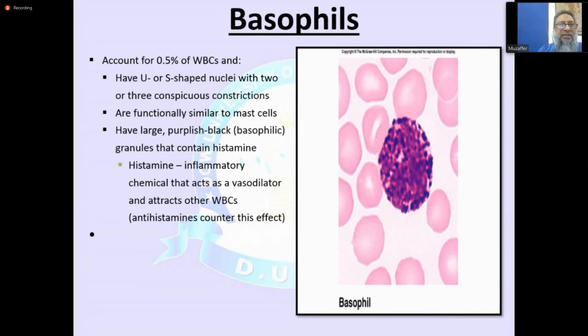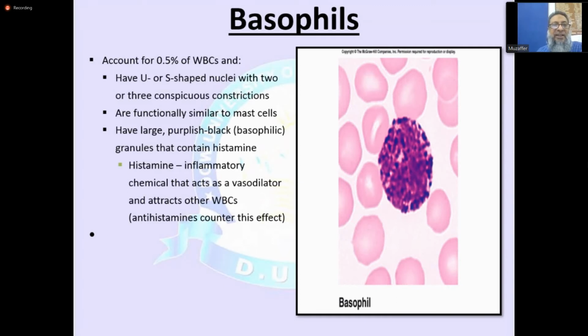having the very typical color of the basic dyes. And this is very important: any cell which has this basic color, coarse granules, and a bilobed nucleus, we can directly diagnose under the microscope that this is a basophil.